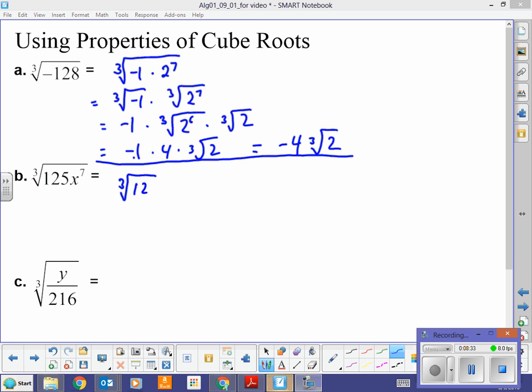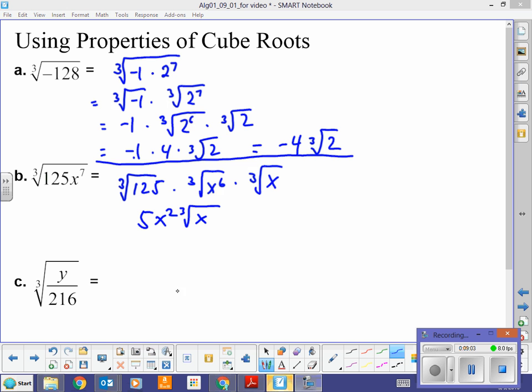Cube root of 125 times the cube root of x to the 6th times the cube root of x. Okay, so the cube root of 125 is 5. The cube root of x to the 6th, 6 divided by 3 is 2. So x squared times the cube root of x.